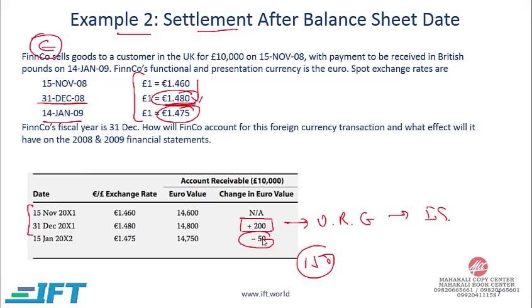Between 31st December and 15th Jan, there is a loss of 50. Note that just because we have an unrealized gain of plus 200 over here, this is not necessarily indicative of the final realized gain for the company.